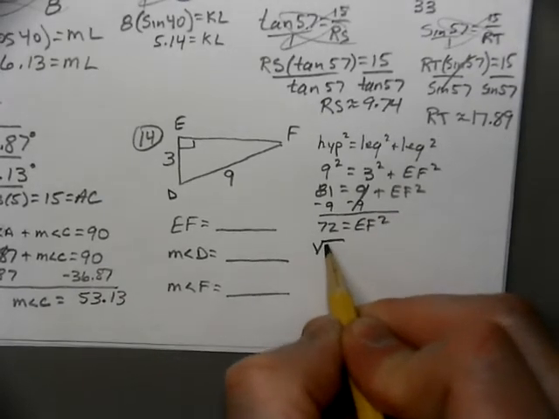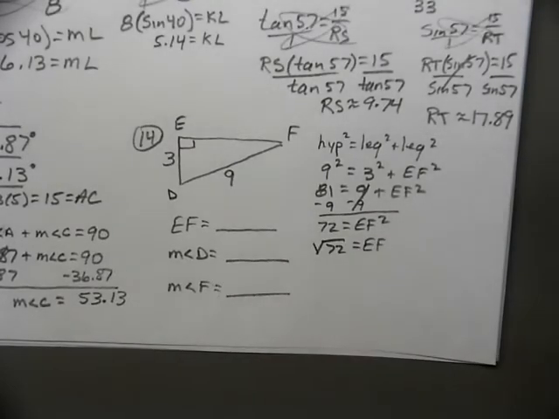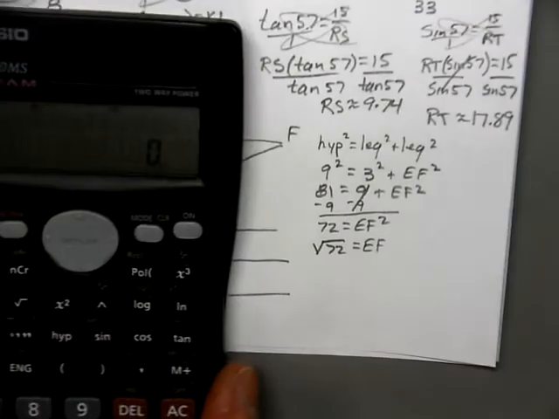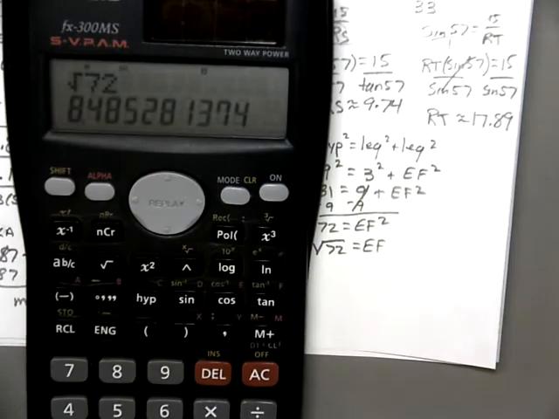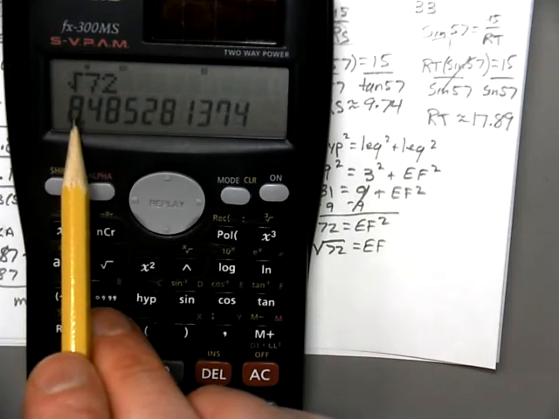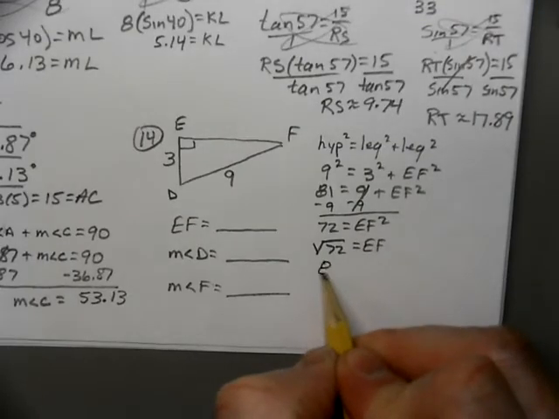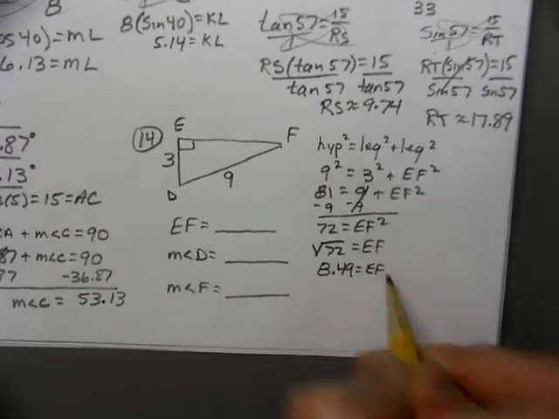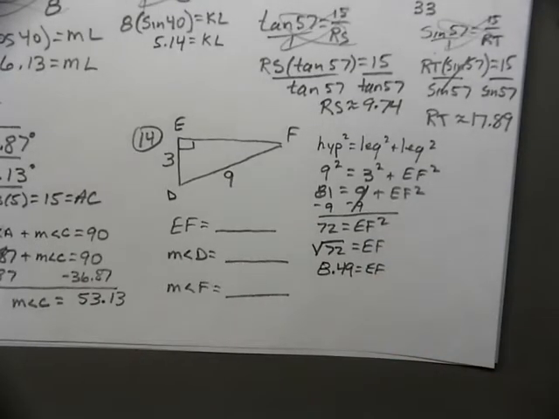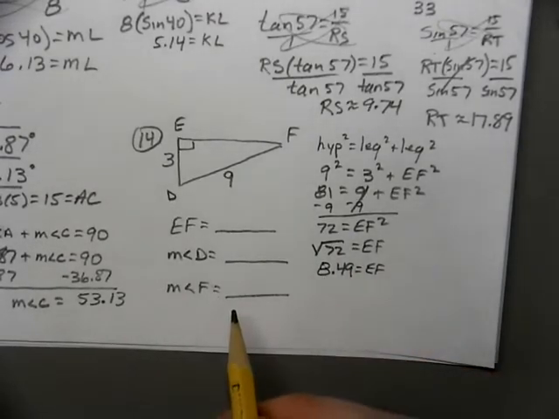Take the square root of 72. And that gives us EF, which we could reduce and leave in radical form. That'd be excellent. But here we have 8.49. The directions here said round to the nearest tenth. So that would be 8.5.